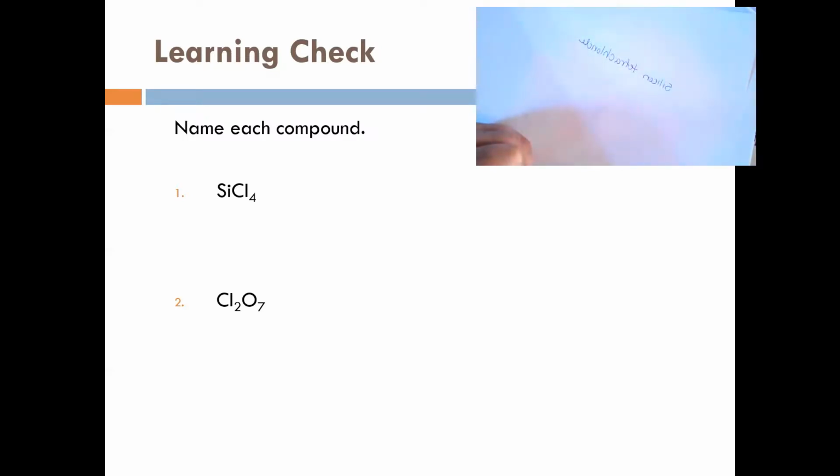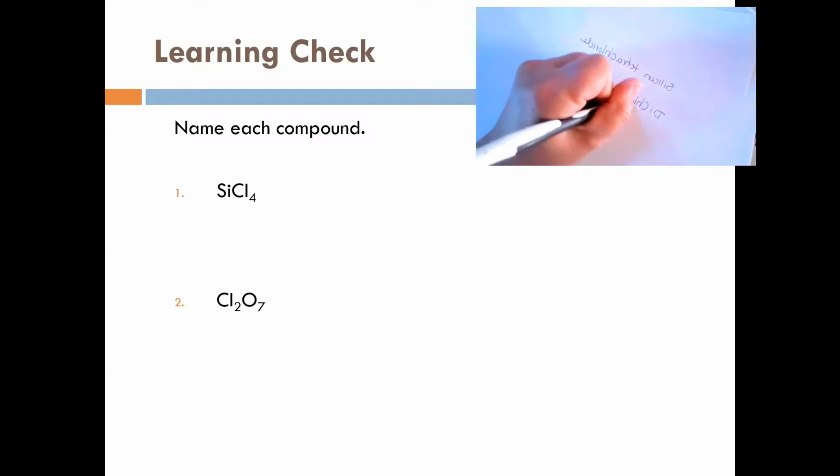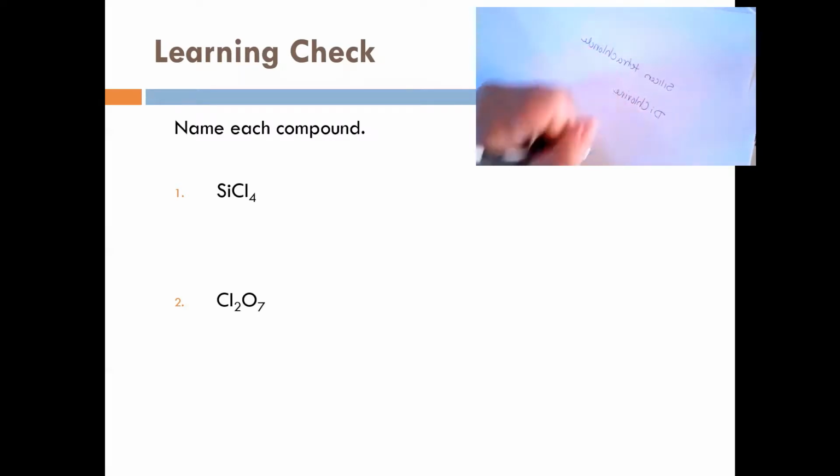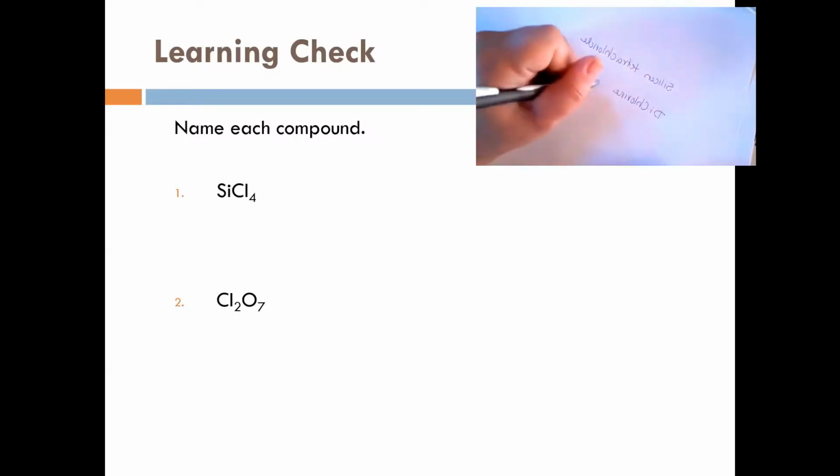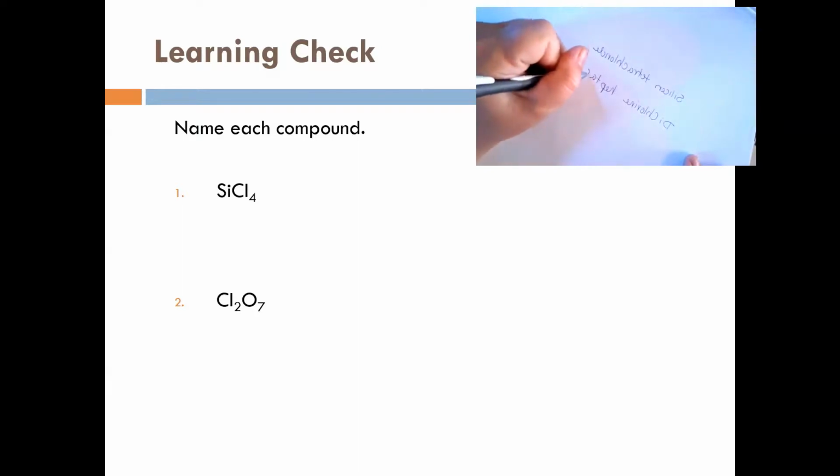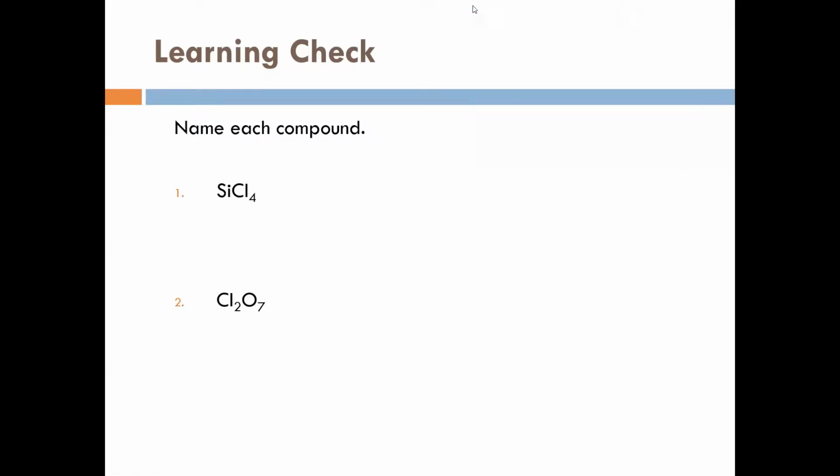If we're looking at Cl2O7, the 2 means di, and Cl is chlorine. So don't put chloride there, don't shorten it, use its full element name. And then 7 is hepta, and O is oxygen, so that becomes oxide. So there they are for you.